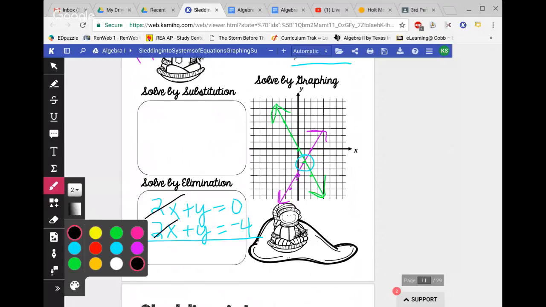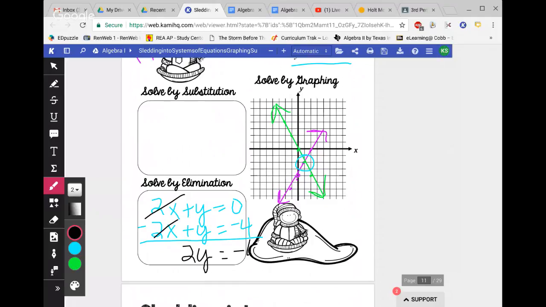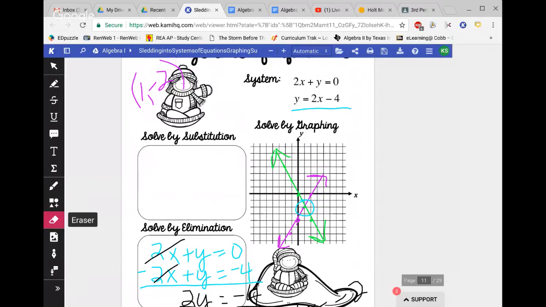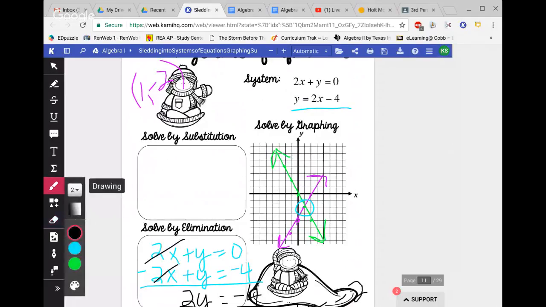And when we add y plus y, what do you have? 2y. And then you've got a -4 because 0 plus a -4. So now we're going to divide both sides by 2. And you have y equals -2, which is what we want. That's part of the goal. Yay. And then we'll have to plug that -2 in for y.